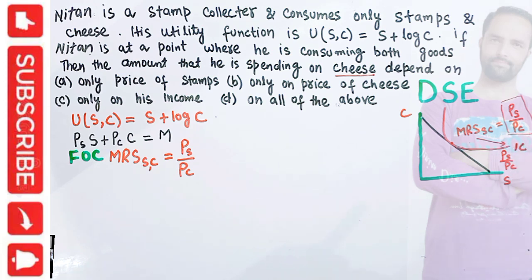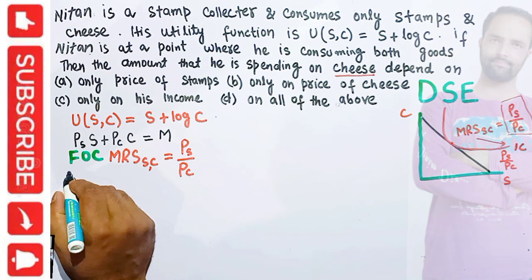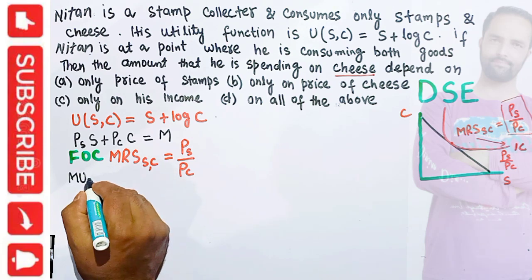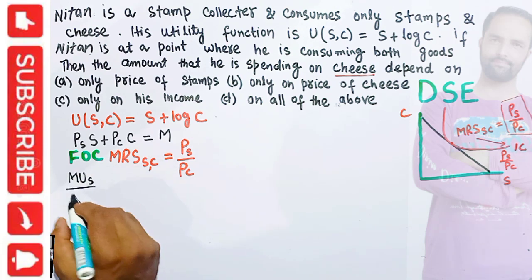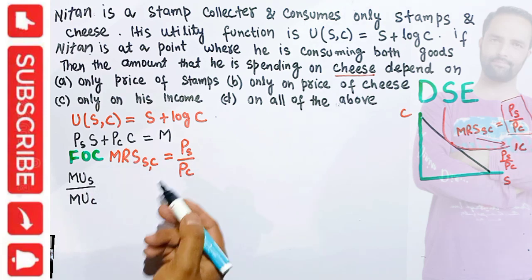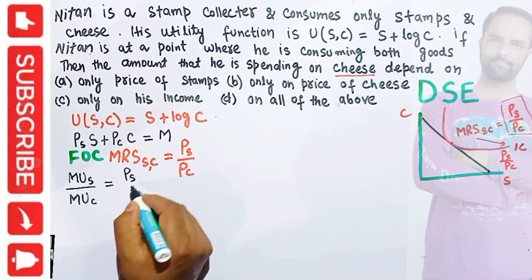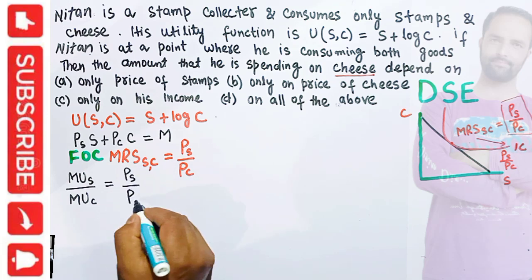Okay, now the marginal rate of substitution between stamps and cheese means marginal utility of stamps upon marginal utility of cheese. Okay, so MRS is equal to this, and should be equal to price of stamps upon price of cheese.